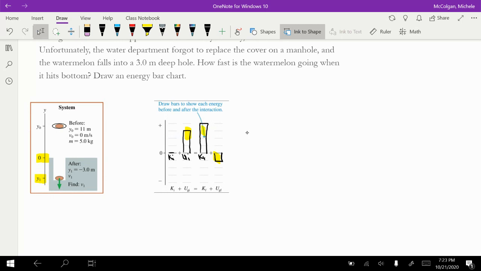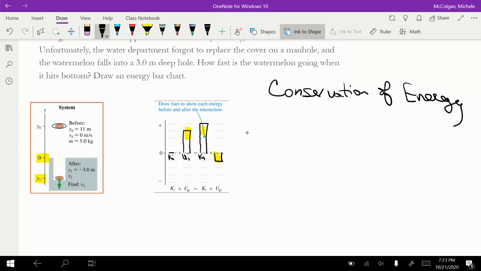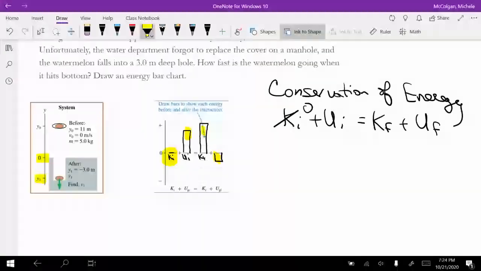Okay. So now I want to convert this into my conservation of energy equation. So conservation of energy, we have K initial plus U initial is equal to K final plus U final. And just looking at my bars, I have 0 for kinetic energy initially, and that's why I crossed it out over here.